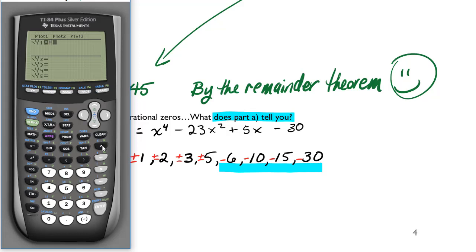So I've got x to the 4th minus 23 x to the 2nd plus 5x minus 30. Now notice that my x only goes from -5 to +5.